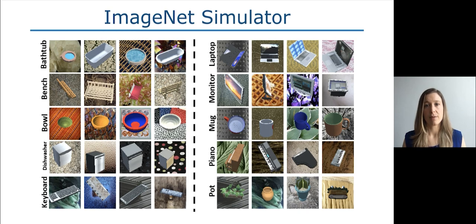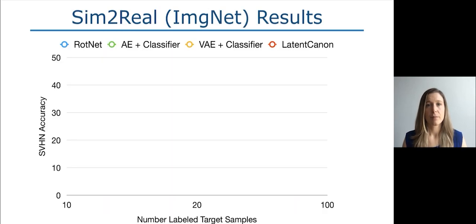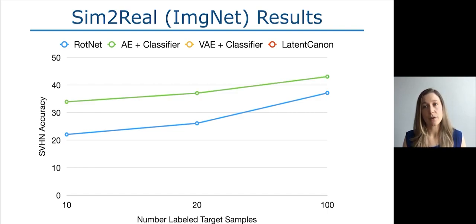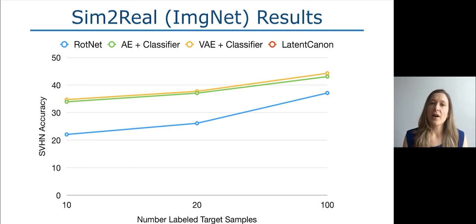leverage this model. And so what we do first is we compare against that RotNet baseline that worked very well in the previous scenario, together with the autoencoder that's trained along with a classifier, in this case to recognize the ImageNet objects. VAE with a classifier again performs about comparably to the autoencoder with classifier.